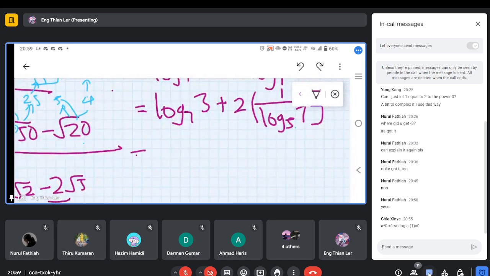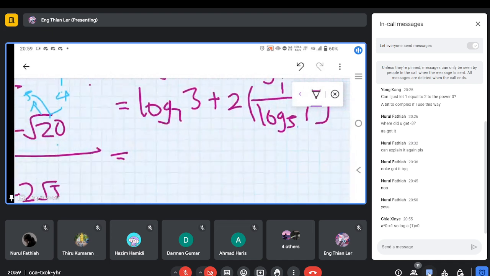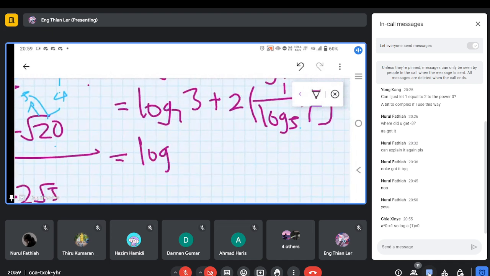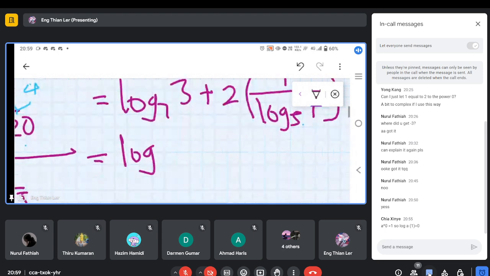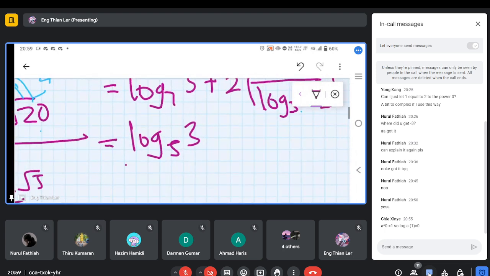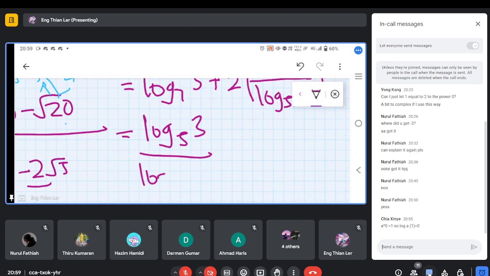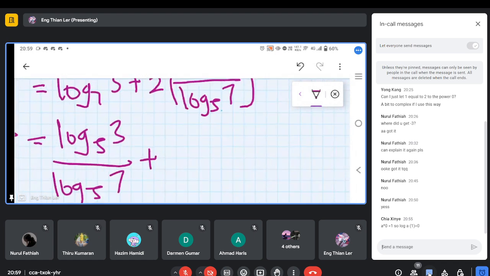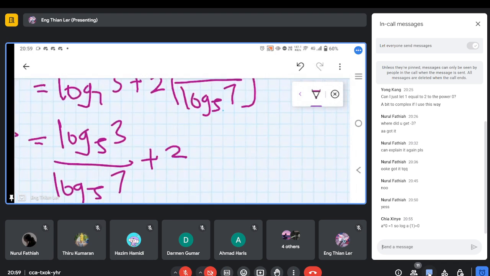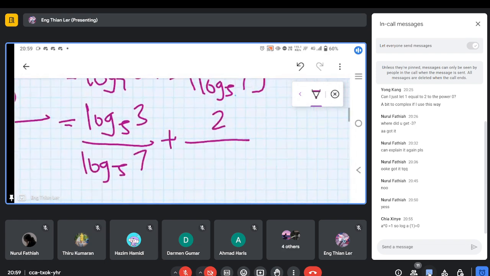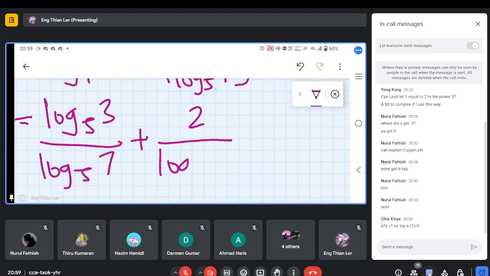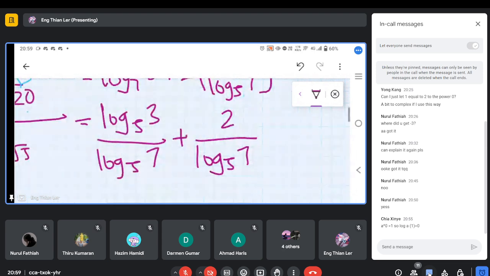So for this, we're finally using the log base c of a over log base c of b formula. So base 5, and log 7 base 5 plus 2 over this. 2 times 1 is 1 and 2 times 1 is 2. Okay. Log 5 base 7.